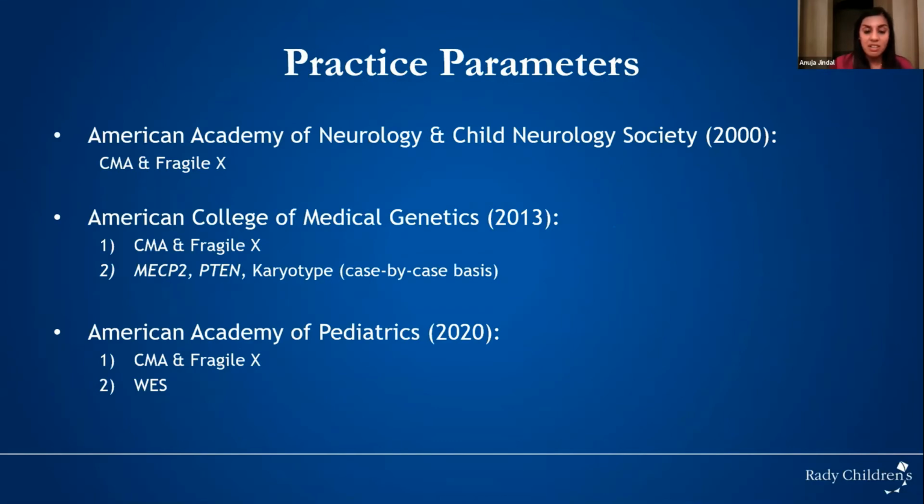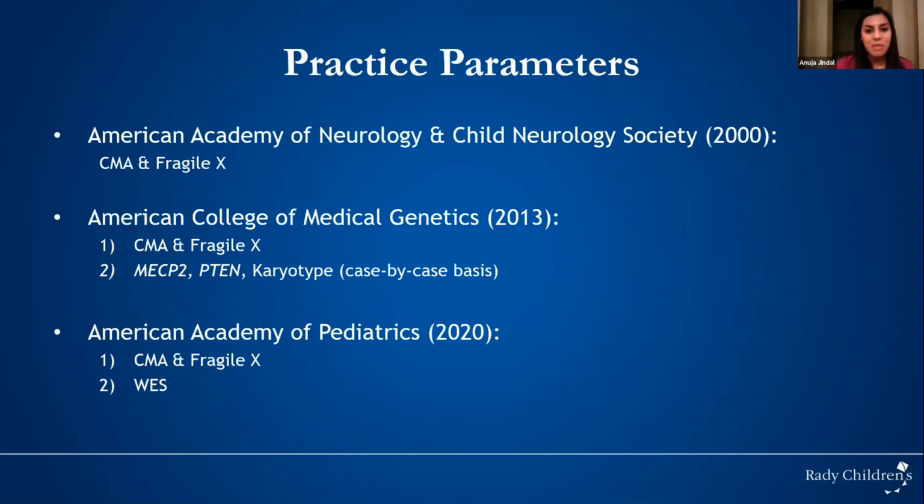The main societies that deal with patients with autism all agree about genetic testing being the standard of care. The American Academy of Neurology and Child Neurology Society put out a practice parameter in 2000, and they're redoing it now, thank goodness, since it's been 20 years.